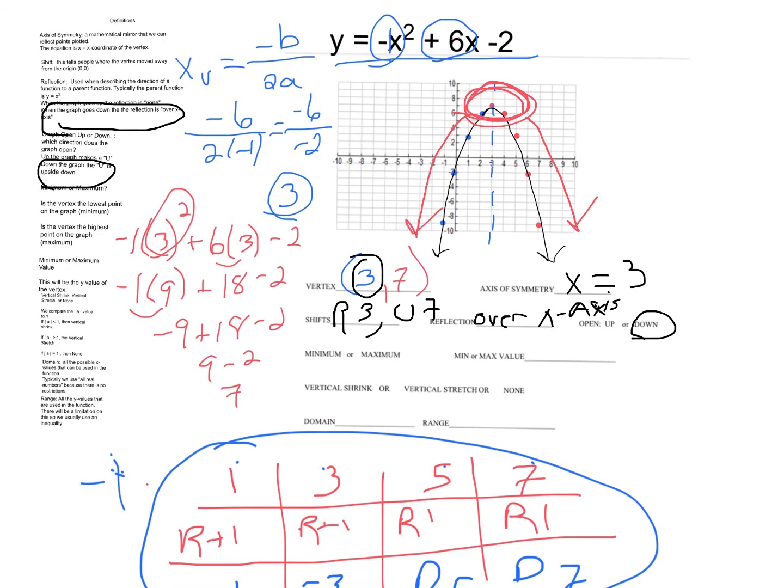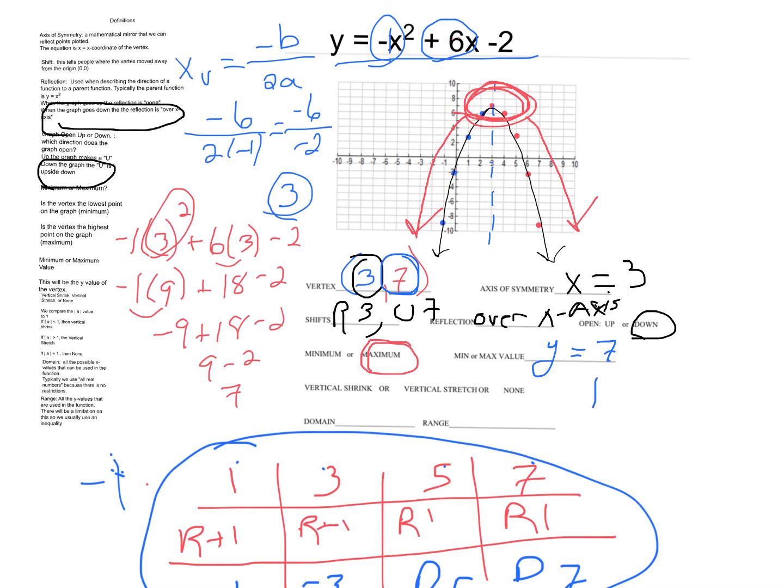So therefore, this is a maximum value because the vertex is the highest point I get. Now, the maximum value, again, is the y-coordinate of my vertex. So y equals 7.